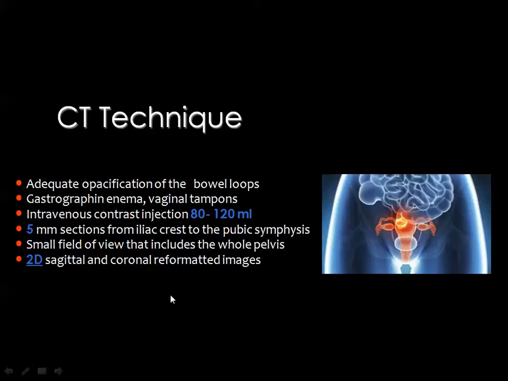And in many conditions, we usually need to inject contrast medium, and this is the regular dose for the adult female. The pelvis is scanned from the level of the iliac crest until we finish at the pubic symphysis, or even further down, to cover the area of the anal canal and the ischiorectal fossa.